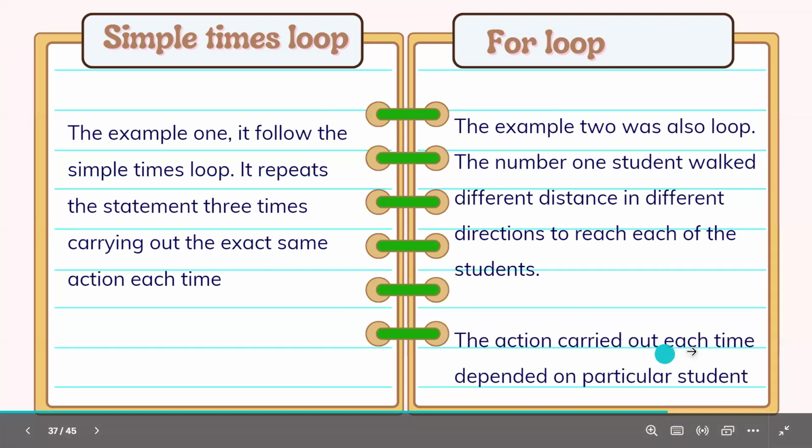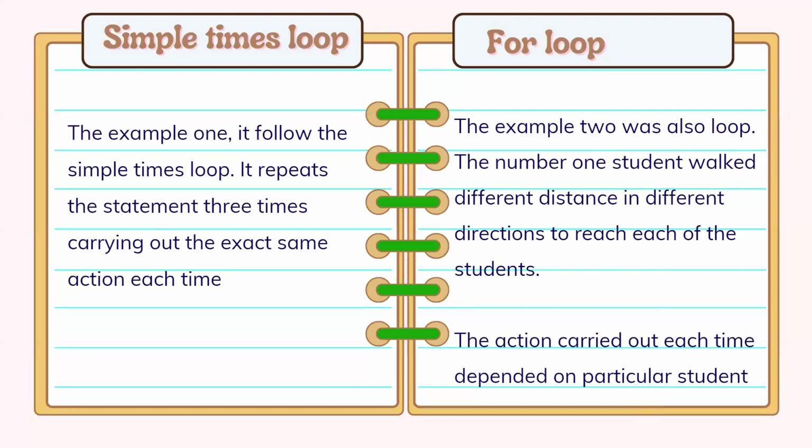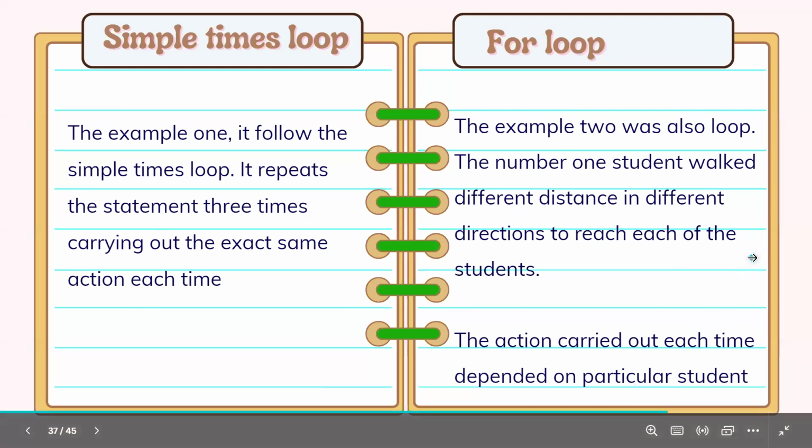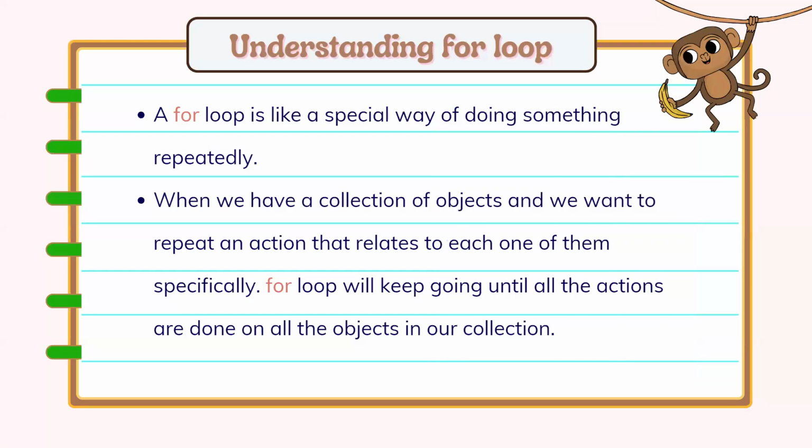The action carried out each time depends on the particular student. In order to give a high five in this kind of situation, we use a for loop.